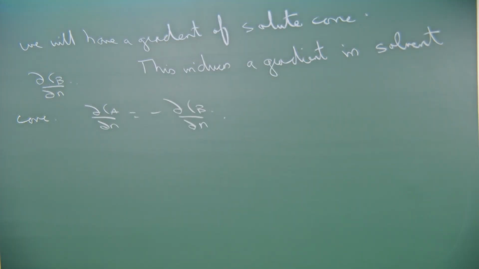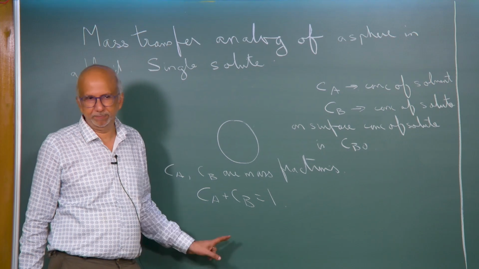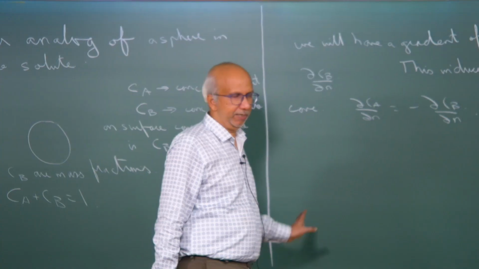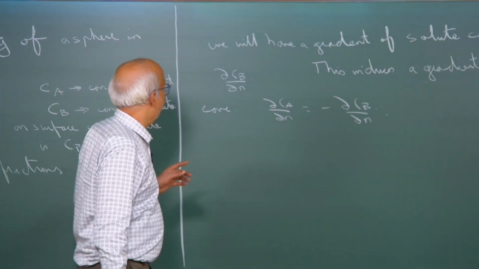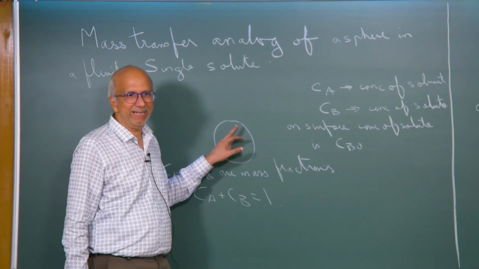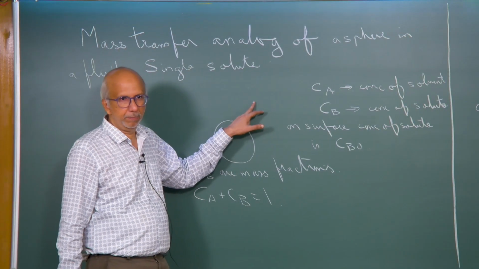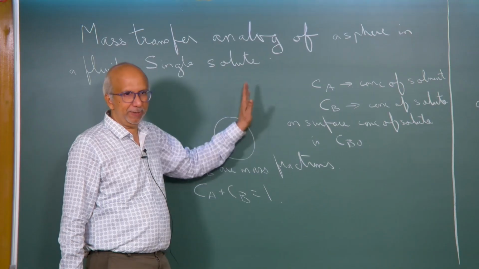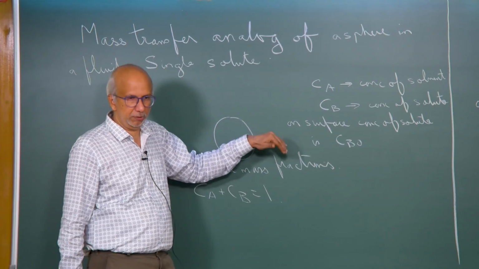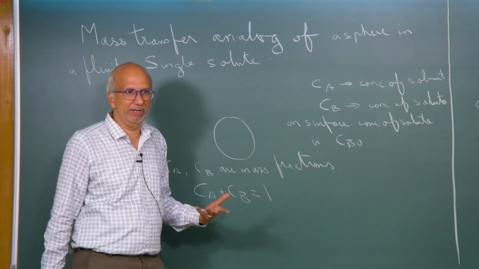How did I get that? By just differentiating this in the R direction, whatever it is. So my point is, if there is a gradient in the solvent, then you expect a flux of the solvent, but the solvent is not really moving. So the net flux of the solvent is 0.